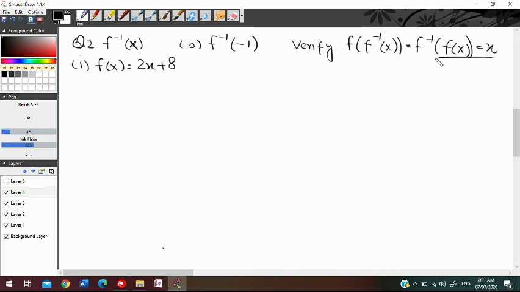We have to verify this equation, and these are the different parts, and now we will start our solution.